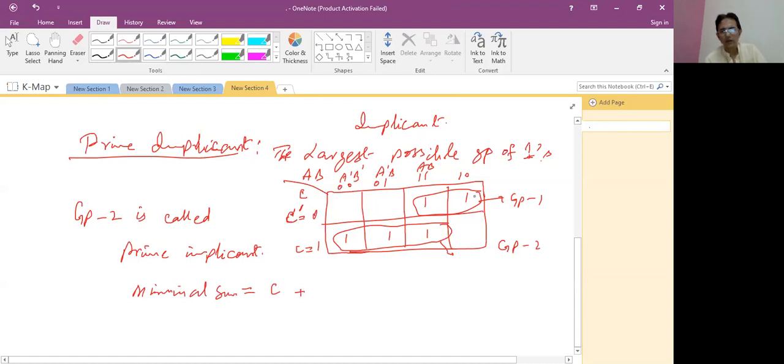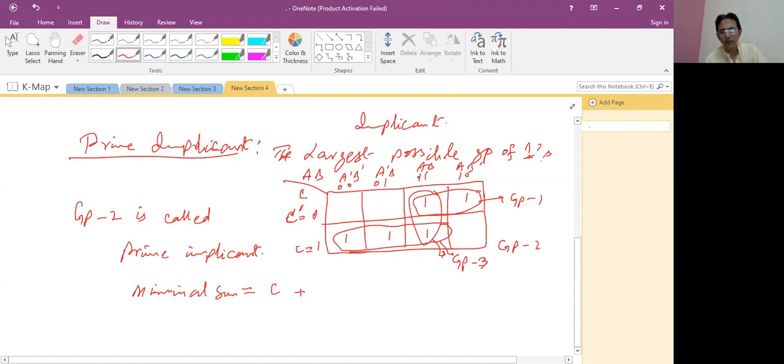Plus, or when we consider this loop and this loop, there is group number 3, make loop. So when we consider group 1 only, it means A times B complement.